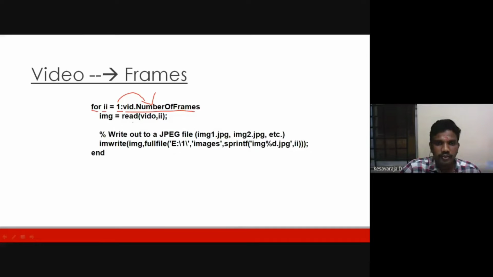So read of the video object, comma i: first frame, second frame, third frame, and it writes each image. The entire video comprising 241 images will be written as image1.jpg, image2.jpg, image3.jpg, and so on. So the video will be extracted frame by frame.